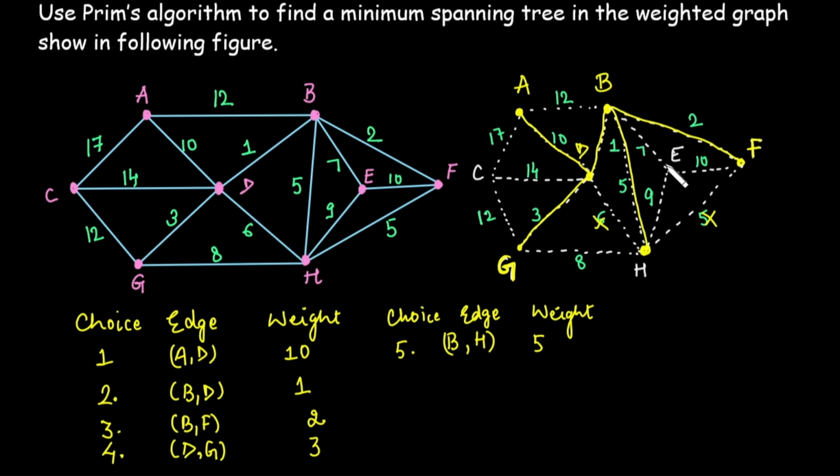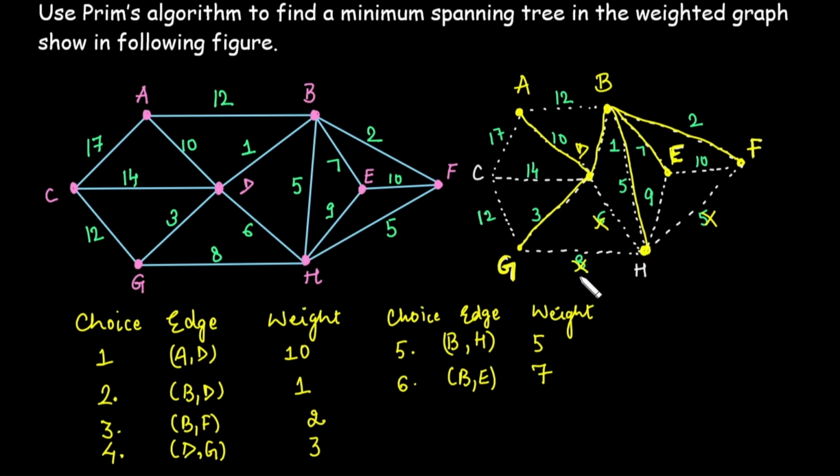Can we include this edge as a part of the spanning tree? Yes, because it is not creating a circuit. So the next choice is the edge B to E with weight 7. Now the next minimum weight we have is 8, but we cannot take it as a part of the spanning tree because it is creating a cycle of length 4, that is G, D, B, H, G. So discard this.